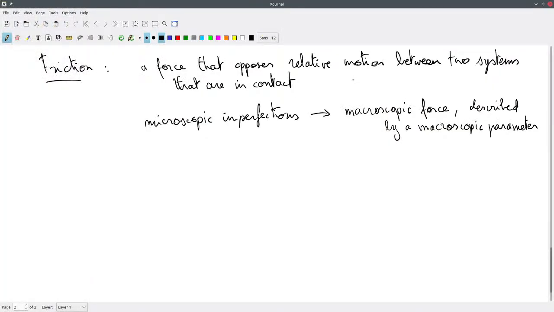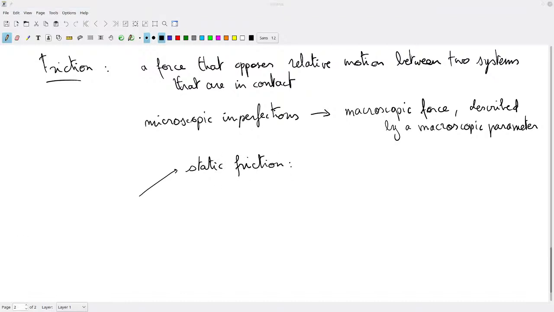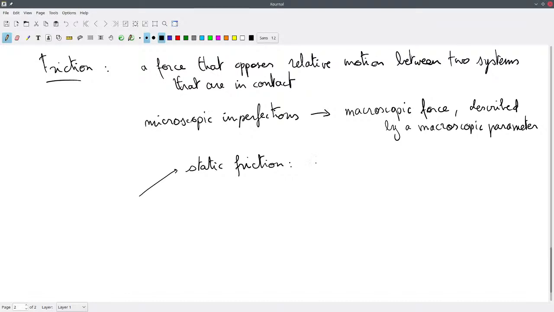There are two kinds of regimes in which friction behaves. So there is the so-called static friction. Static friction is when objects are not in motion yet, or not in motion, period, with respect to each other.